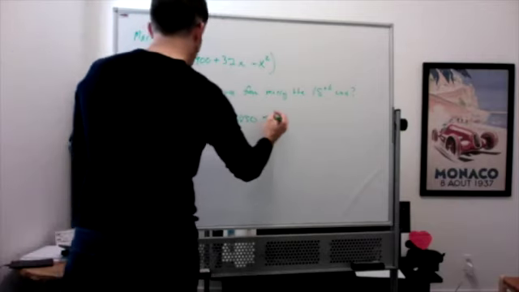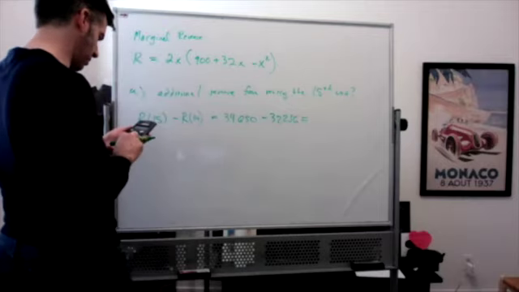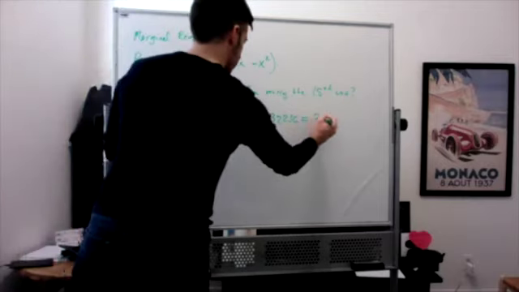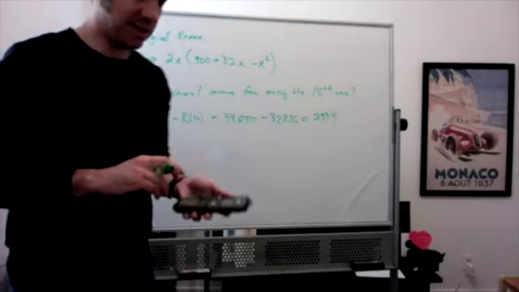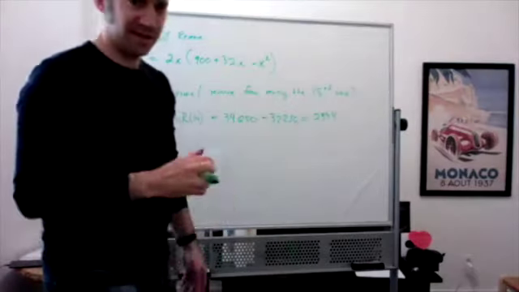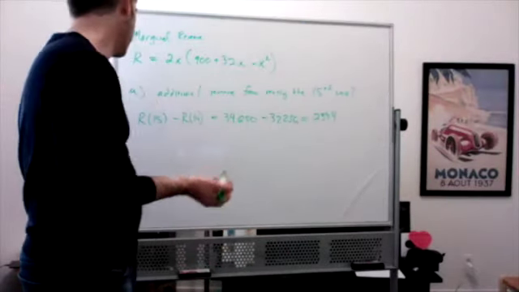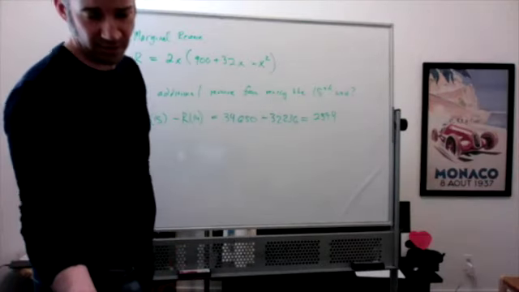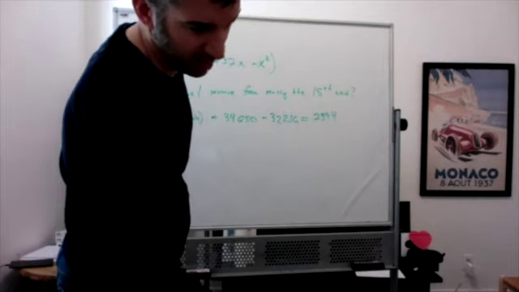We get 32,256, and the difference is something really nice, 2,394. I feel like it's expensive rent, but probably not that expensive for Davis, in the realm of reasonableness, depending on how big your place is.